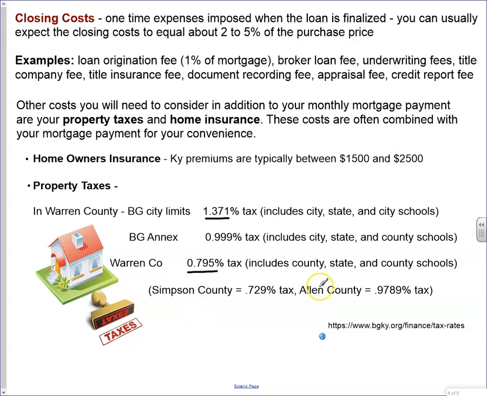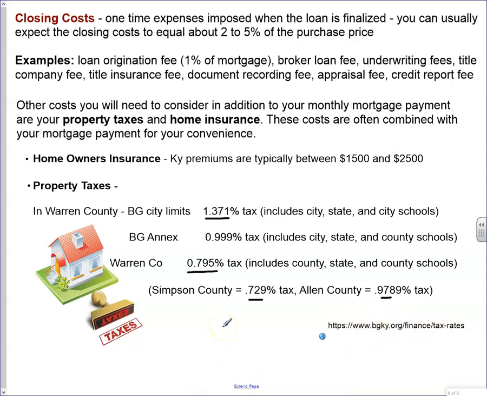Now, just for comparison, I looked up some other counties around us. Simpson County seems to have just one tax for the whole county. It's at 0.729%. Allen County is at 0.9789%. So wherever you're moving or wherever you live, you can look that up. Like for Bowling Green, you can look it up here.